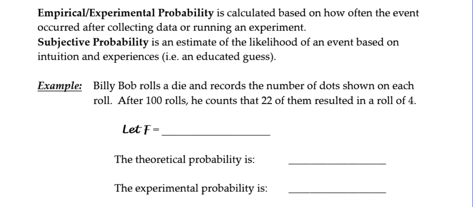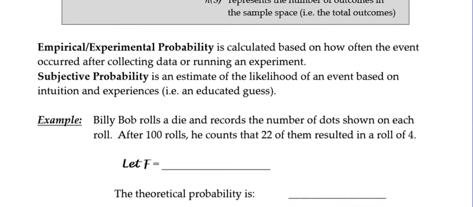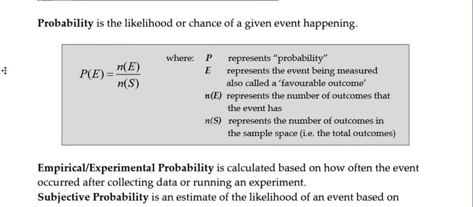There are 3 types of probability. The first type is theoretical probability, which is just what we have up here, the likelihood or chance of a given event occurring.